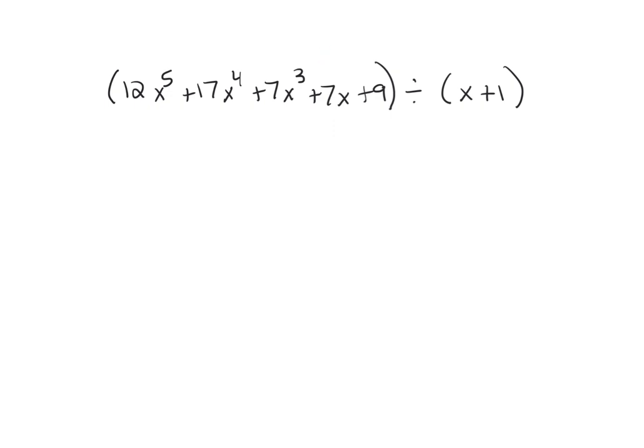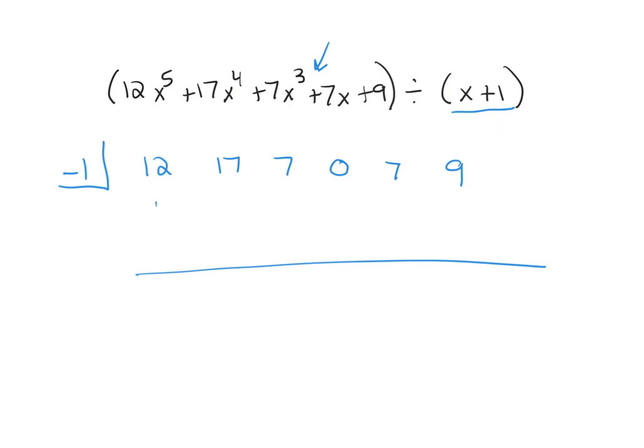So we're missing a term, 1, 0. Okay, so if I'm dividing by x plus 1 in my little box, I'm going to write -1. All right, let's write all the coefficients. So 12, 17, 7. Missing coefficient, I have to put in that 0, 7, and 9.